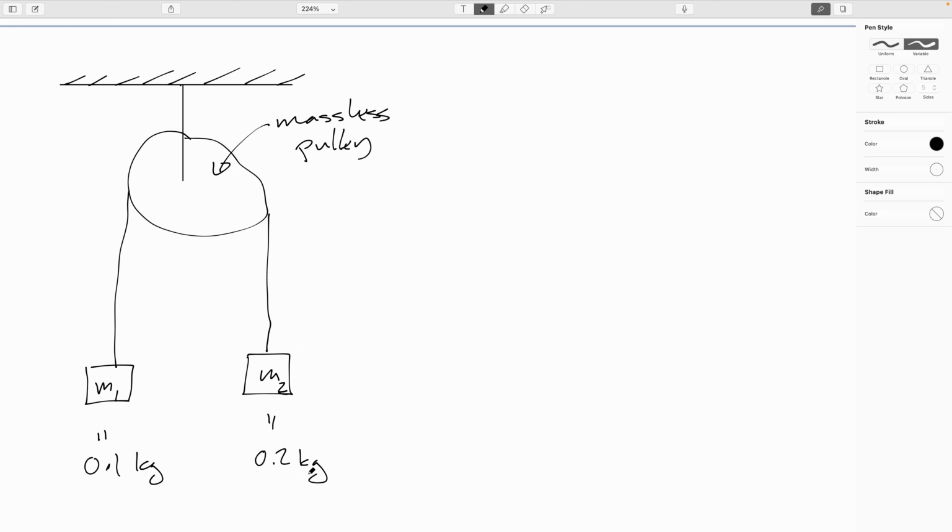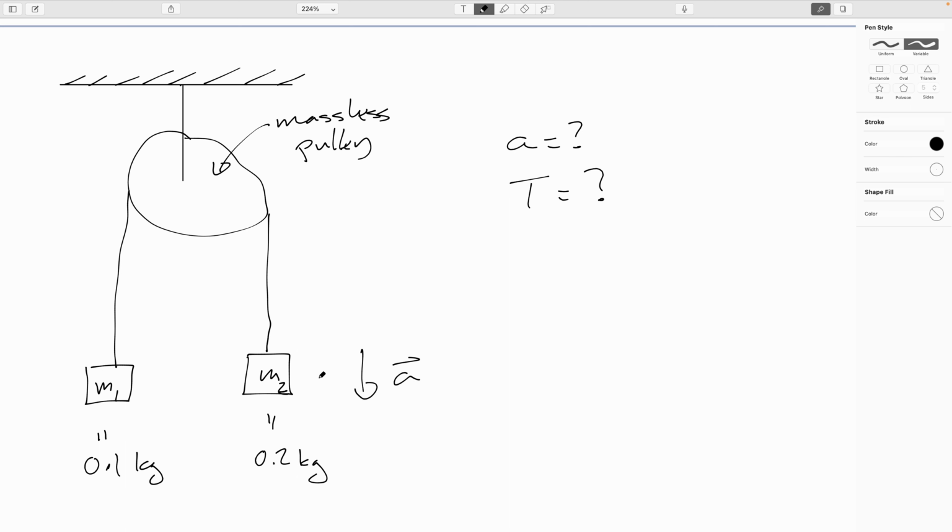Now, what we're going to want to know is what is the acceleration and what is the tension in the string. All right, so to that end, first thing we want to think about is, well, how is this going to accelerate? When I let the masses go, we know from practical experience the big one's going to go down and the small one's going to go flying up.